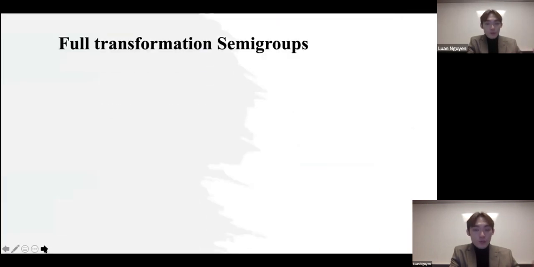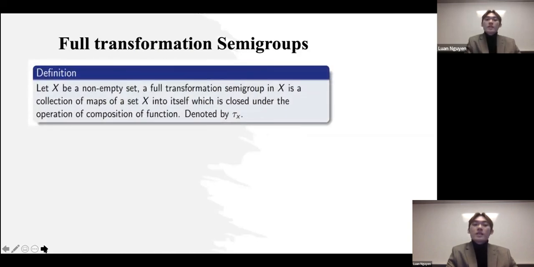It's called the full transformation semigroup. And that is the definition. Let S be a non-empty set. The full transformation semigroup on S is the collection of maps of the set S into itself, which is closed under the operation of composition of functions. It is denoted by tau S. Thus, tau S does not need to be one-to-one or onto.